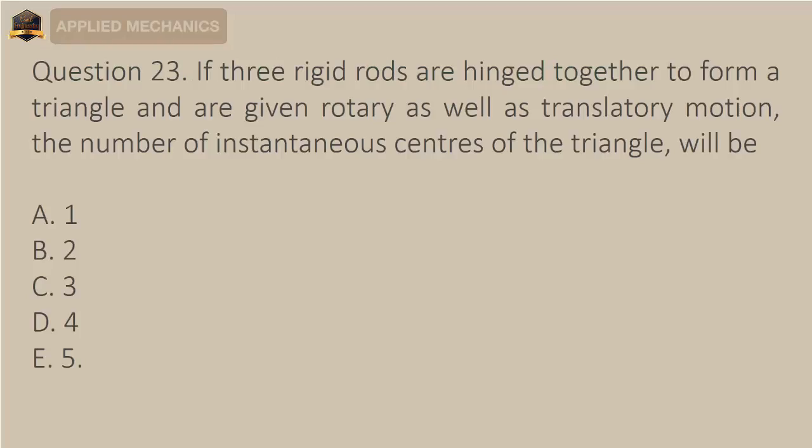Question 23. If three rigid rods are hinged together to form a triangle and are given rotary as well as translatory motion, the number of instantaneous centers of the triangle will be A. 1, B. 2, C. 3, D. 4, E. 5.